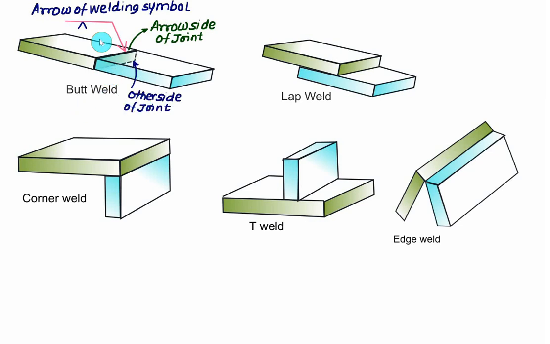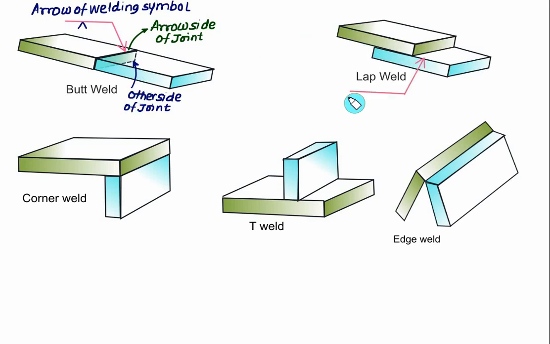So this arrow represents the welding symbol. You show the V type here, and this arrowhead you are showing on the top side. So that one is representing the joint where we are doing the weld, and if you want to show it on the other side, then that will be the other side of the joint. This arrow represents the arrow of the welding symbol.